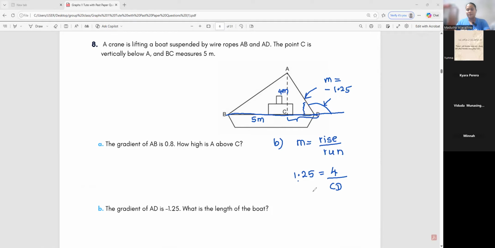Cross multiply. CD times 1.25 is equal to 4.